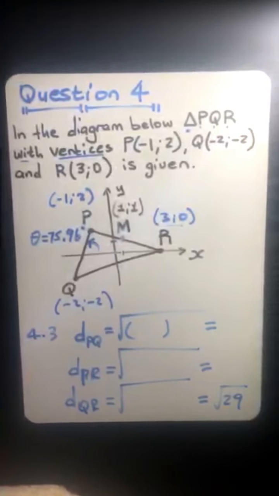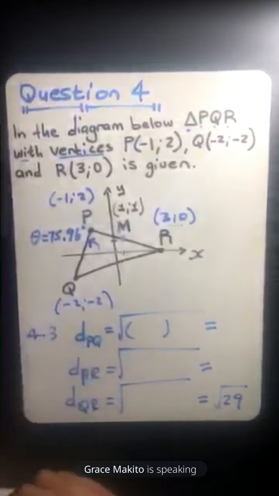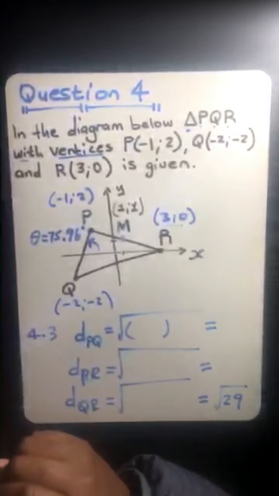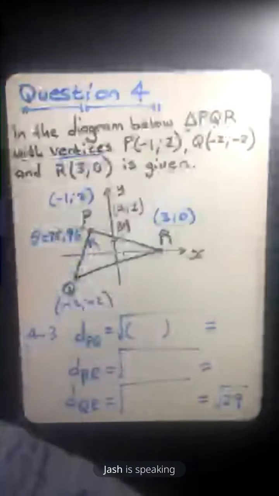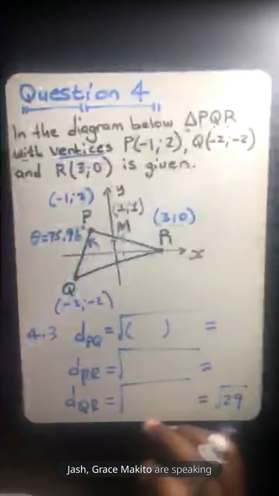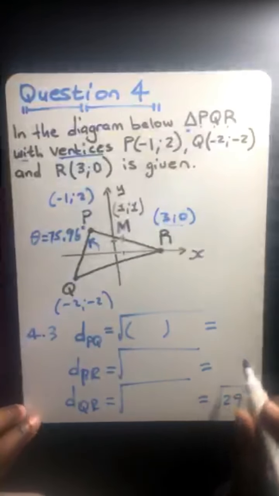Shreyas, Grace, are you also calculating there on your side? So I got 2 square root of 5. For which length again? For PR, sir. So for PR, you guys say you're getting 2 square root of 5.